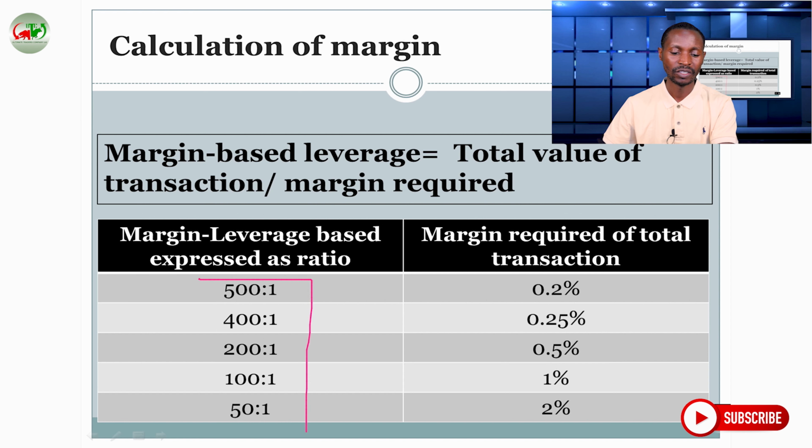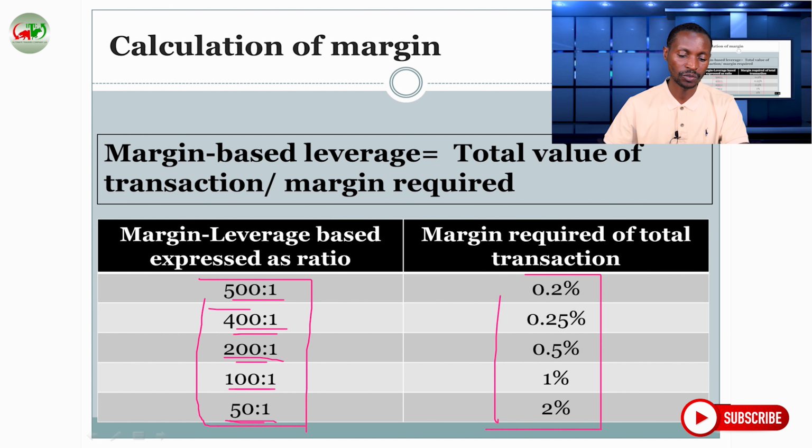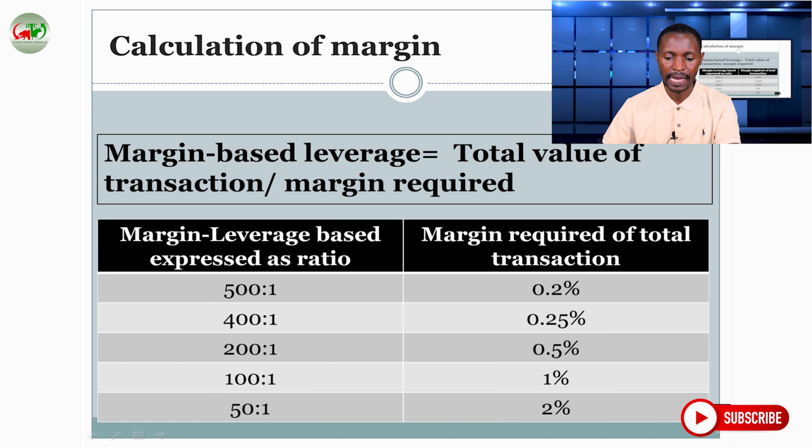Here we have margin in ratio, and here we have margin in percentage. We can have a margin of 500 over 1, 400 over 1, 200 over 1, 100 over 1, 50 over 1, and there are even brokers which can give you a margin of 1,000 over 1 etc. They have the equivalence of a percentage.